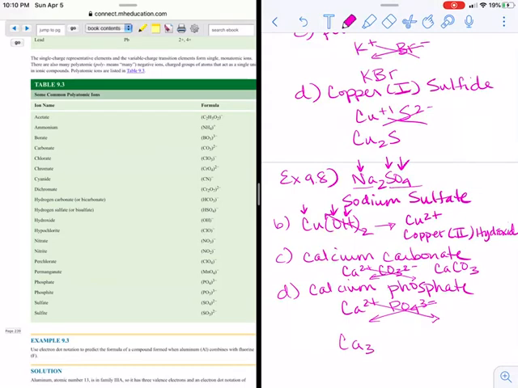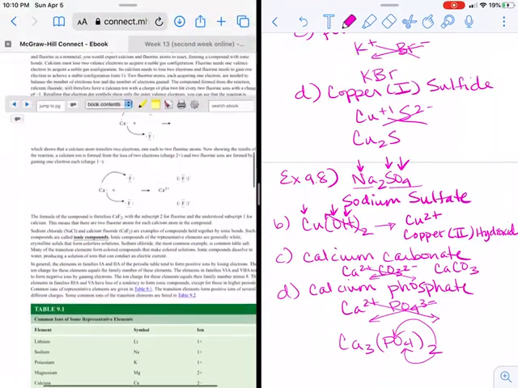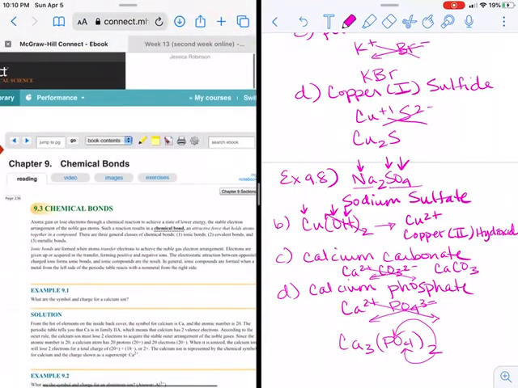So you have Ca, you drag that 3 from the phosphate over, and then you have to put this in parentheses, because if you didn't, it would be like PO42, which would not be possible at all. And this 2 goes to the phosphorus and it goes to the oxygen. So you have to make sure that you put the phosphate in parentheses like that.